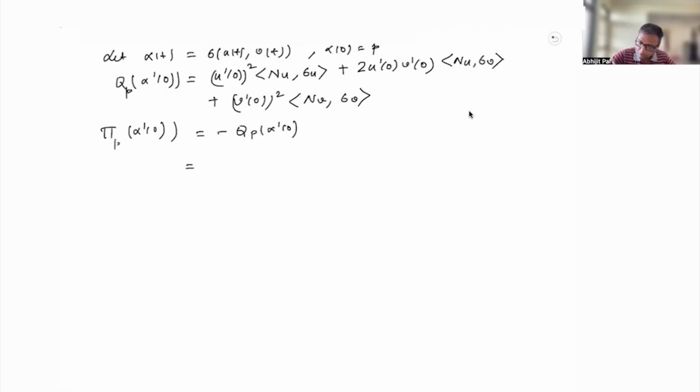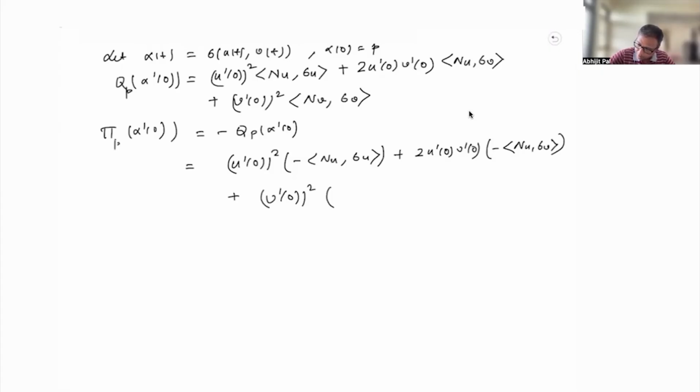So what you will get is u prime(0) square times minus the inner product of N_u with sigma_u, plus twice u prime(0) v prime(0) times minus the inner product of N_u with sigma_v, plus v prime(0) square times minus the inner product of N_v with sigma_v.